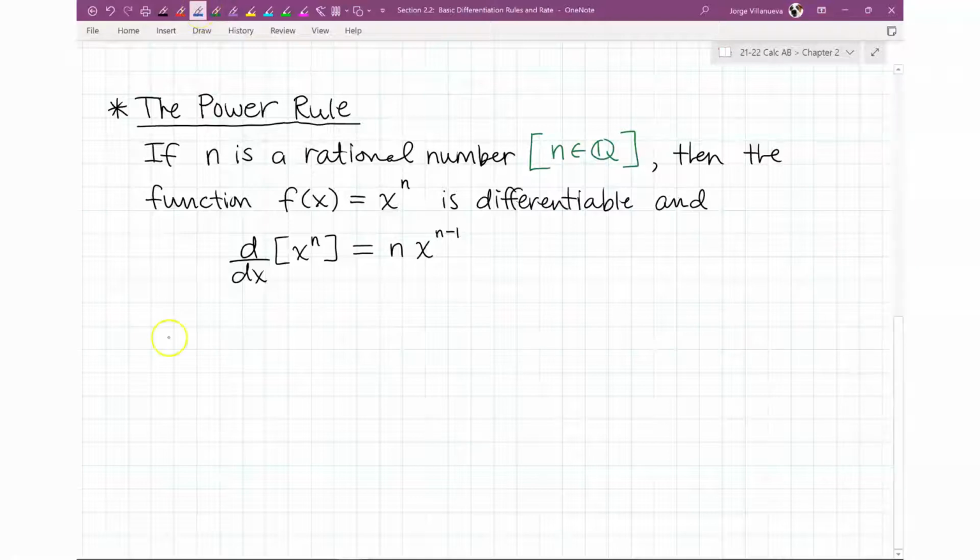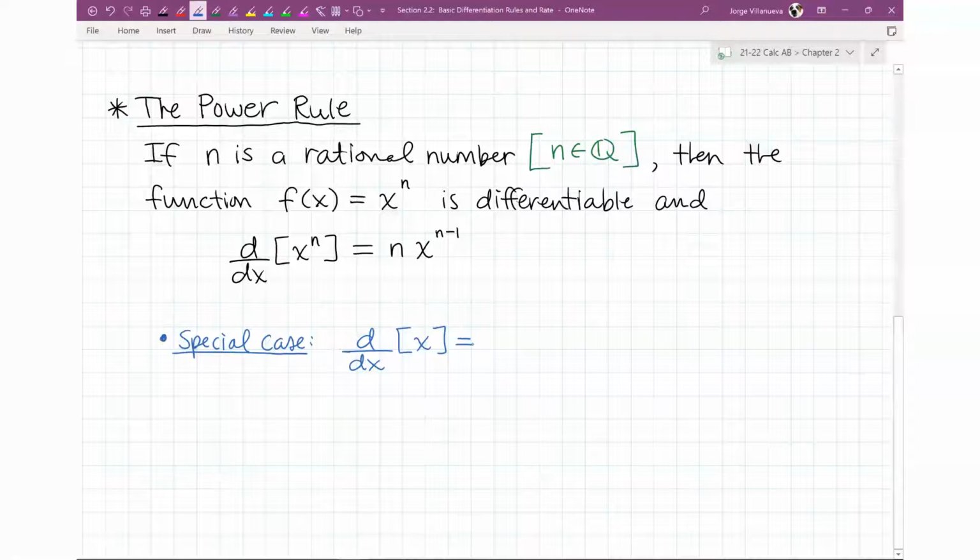Now I'm just going to give you a special case here. All right, I'm not going to give you the answer to this. I want to see if somebody can think about it really quick. What would be d dx of x?